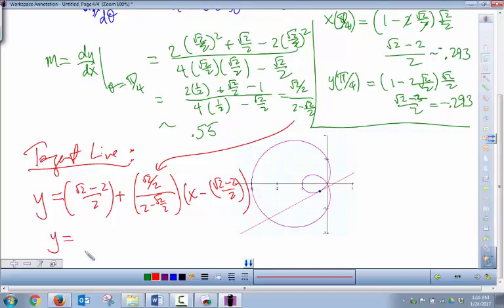So y is equal to negative 0.293 plus 0.55 times x plus 0.293. So something like this would be your tangent line.